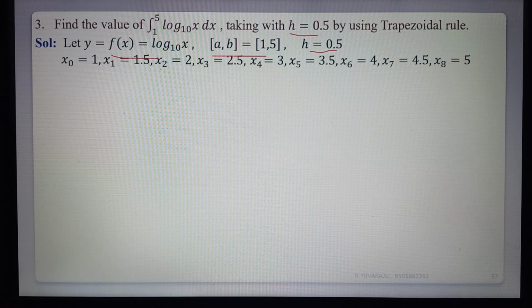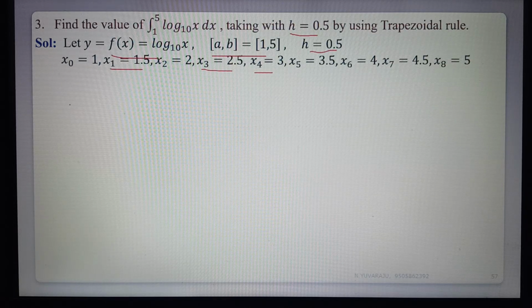Adding 0.5 each time, x1 is 1.5, x2 is 2, x3 is 2.5, x4 is 3, x5 is 3.5, x6 is 4, x7 is 4.5, x8 is 5. So totally how many values? 9 values and 8 subintervals.